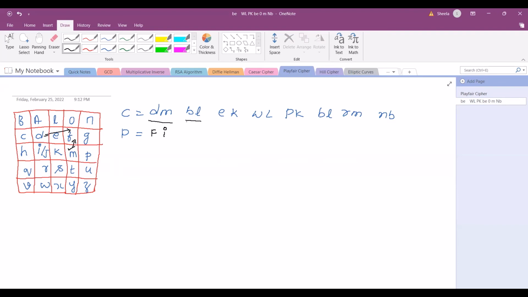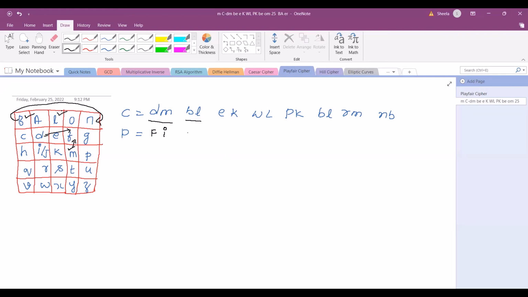But when letters fall in the same row or in the same column, we have to do the reverse of what we did before. So now let me consider the digraph BL. Here B and L lie in the same row. While encrypting, we took the letter to the right of the plain text letter, but now we have to consider the letter to the left.